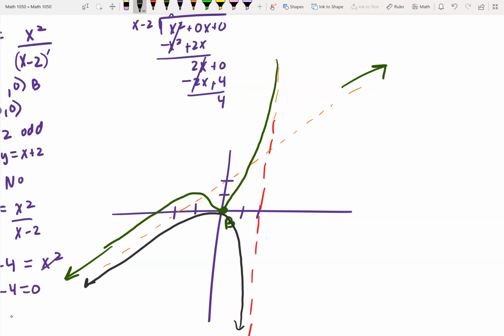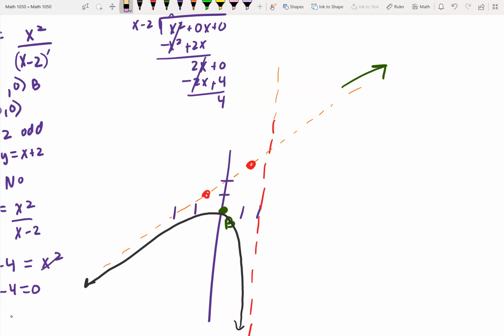So then the question is, is it black or is it green? Well, it's black. What's wrong with the green? Well, multiple things. Number one is when I came down and hit it, I crossed the non-vertical, then I crossed the non-vertical again, and then I crossed the x-axis again, none of which I can do. And so that is not the right thing.